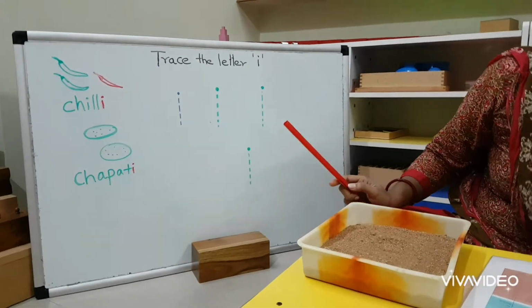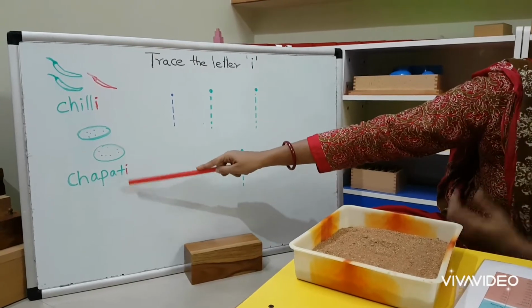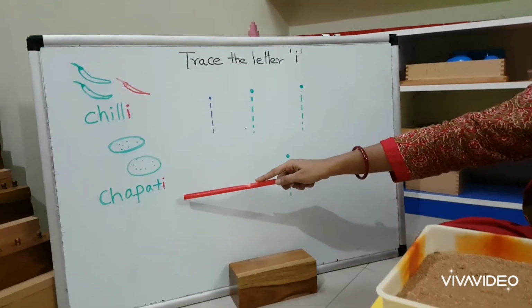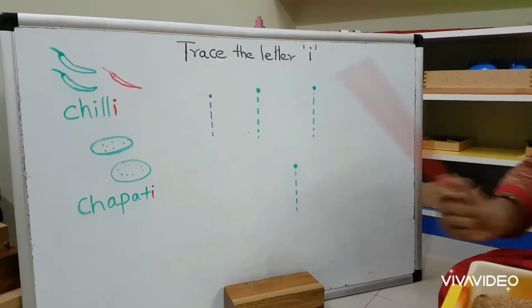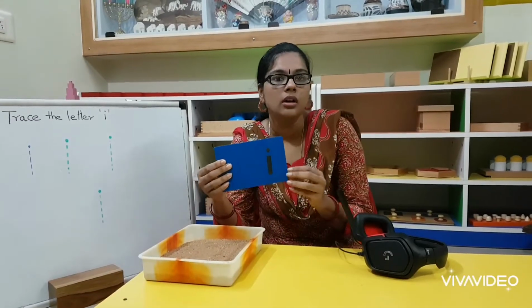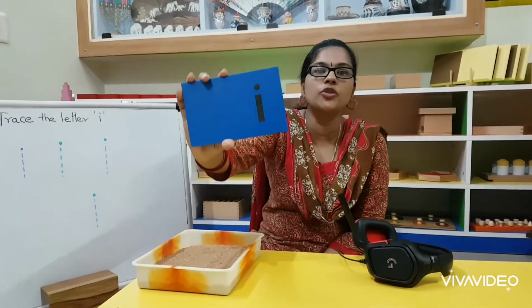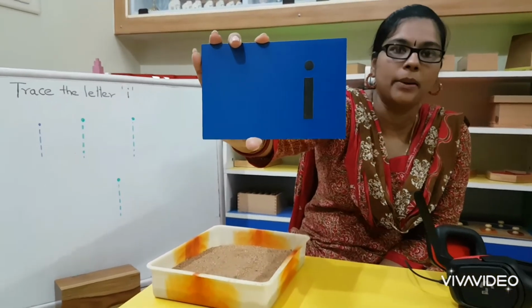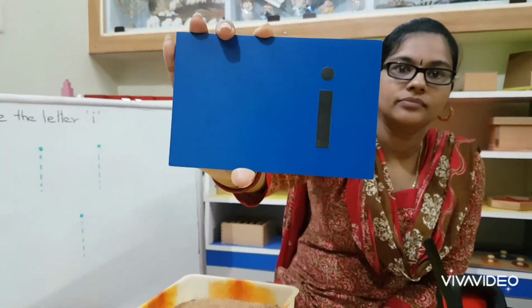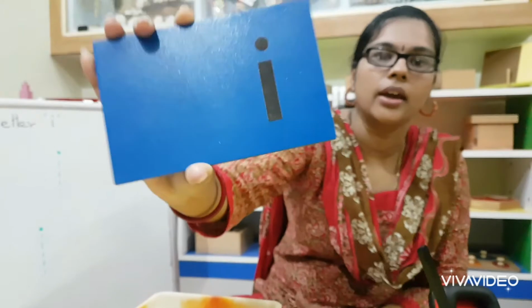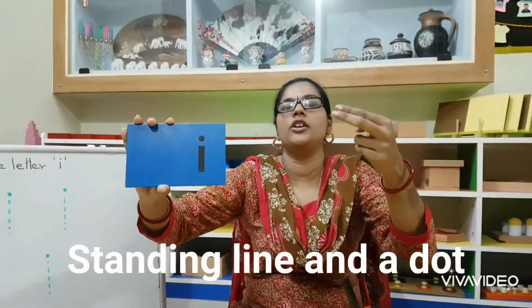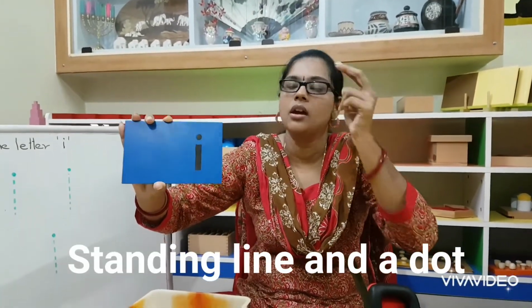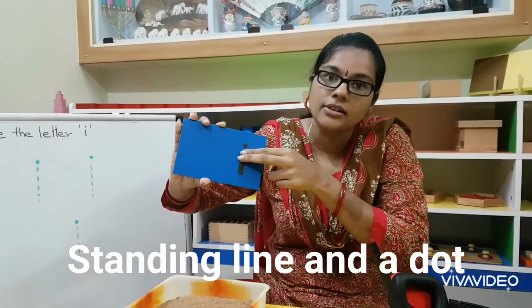See here, chapati. I have written E in red for you. Chapati, chilli. Miss Juno told you about how to trace it in the sandpaper. Remember? Okay. Take your two fingers and trace along.